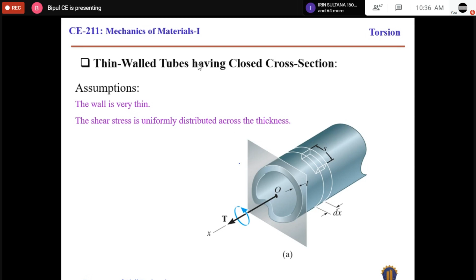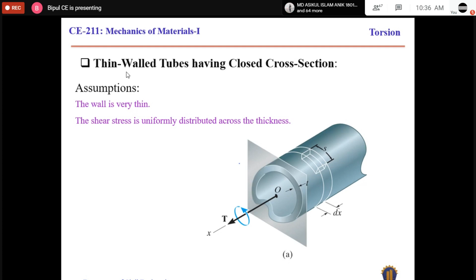Thin means the thickness of the structure is very small. That is a thin wall tube having a closed cross section. So what will be the torsional formula for a thin wall tube?